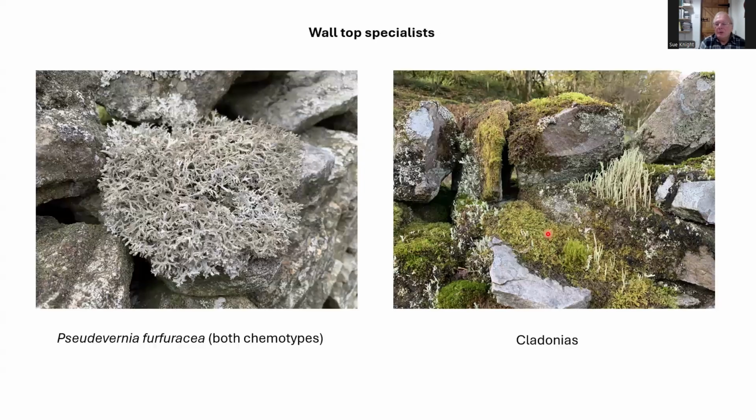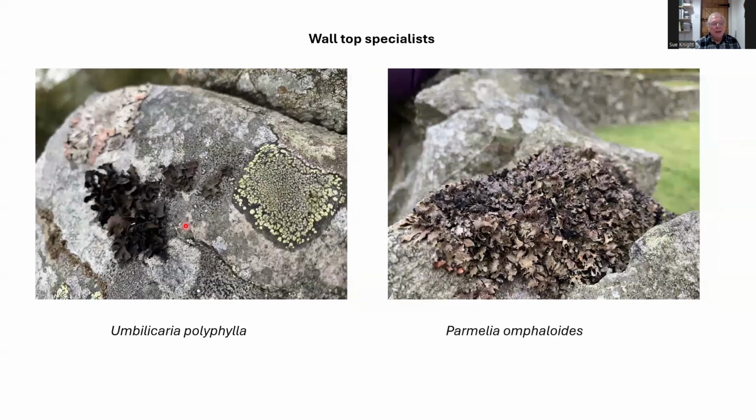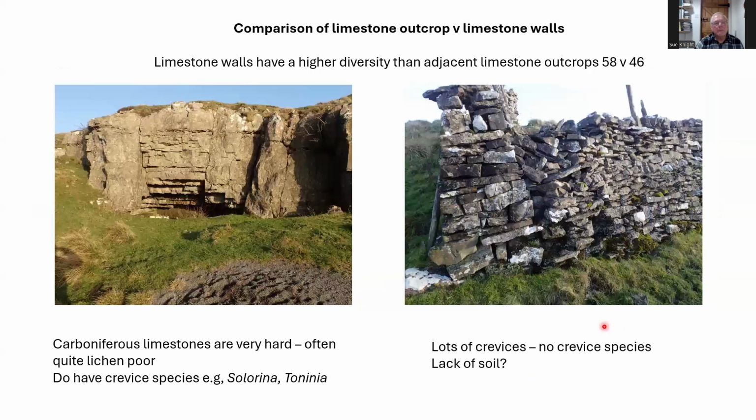But there's a whole suite of wall top specialities, of which Pseudevernia furfuracea is a really common species growing right on the very tops of the walls. We found both chemotypes. And of course, there were many different types of Cladonia growing on the tops as well. We also found Umbilicaria polyphylla and Parmelia omphalodes as examples of wall top species.